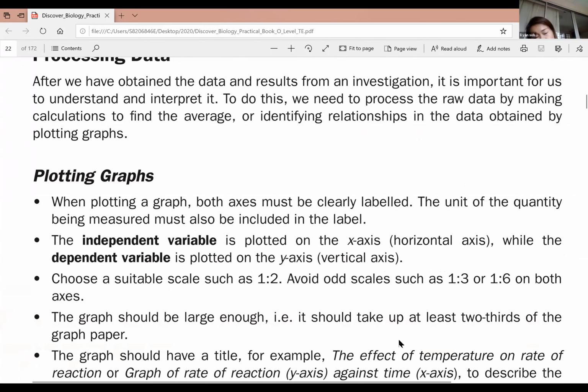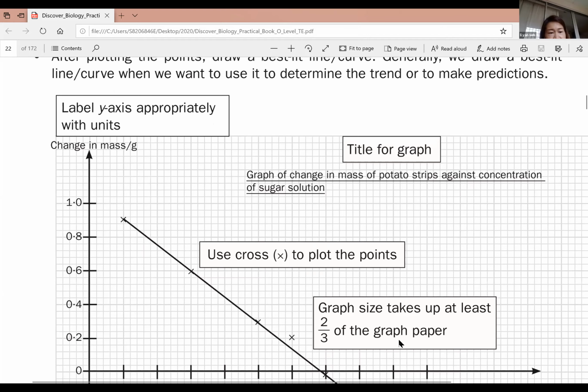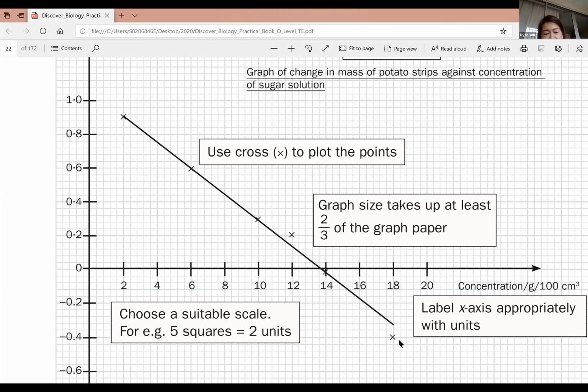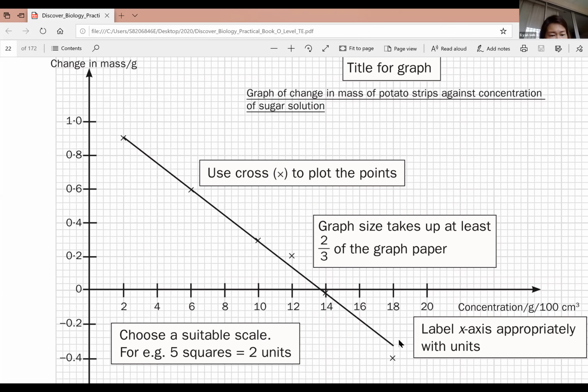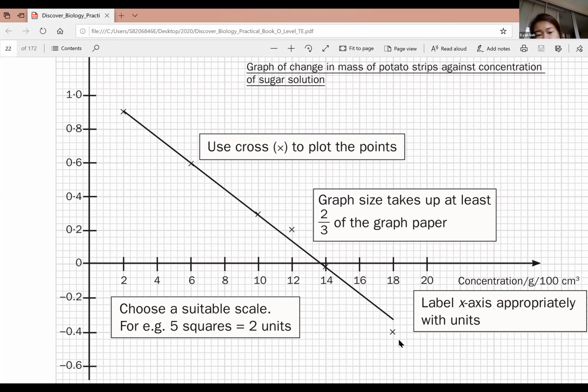Then you can see dependent, independent variables, and plotting graphs. Thankfully, you only need to plot a graph in paper 4, the coming exam. In the coming paper 4, there'll be a graph, so make sure you know X is this and Y is this, and plot properly. Usually in bio, when they give you graph plotting, they will give you a simple one, line to line, that you can plot.